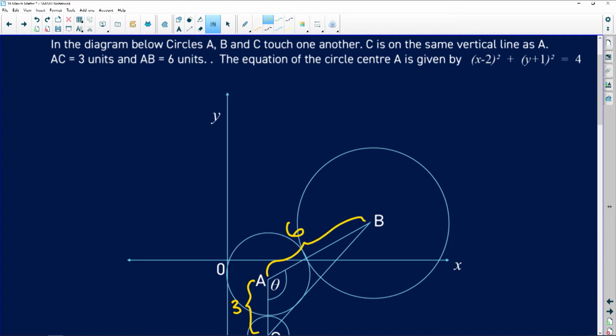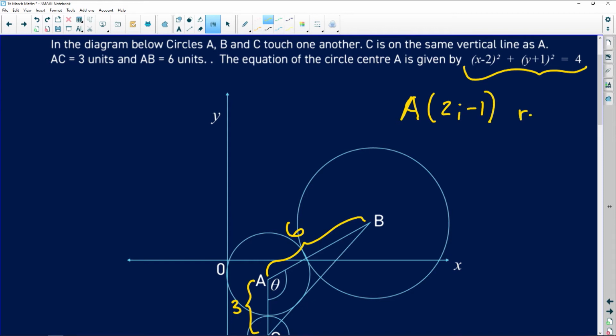Now the equation of the circle centre A is given by (x minus 2) squared plus (y plus 1) squared equals 4. From that, what can we harvest? Well, the coordinates of the centre, point A, have to be (2, -1).